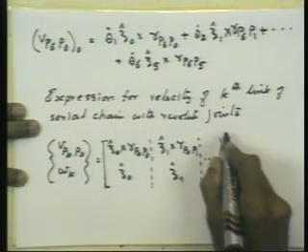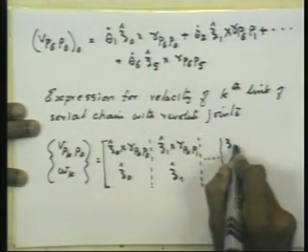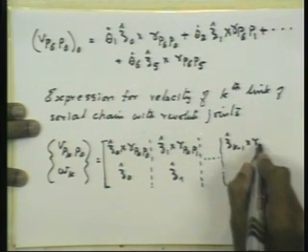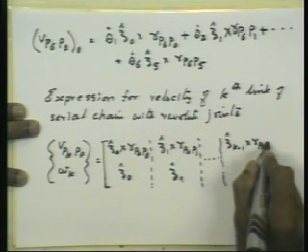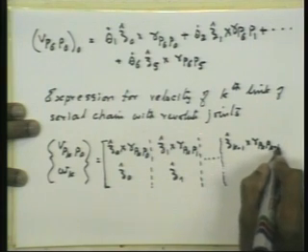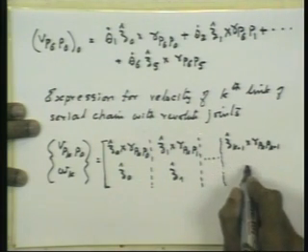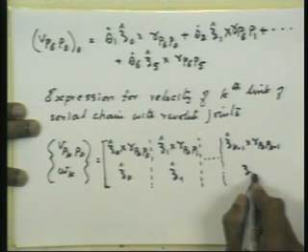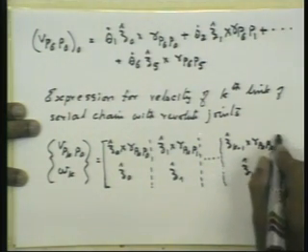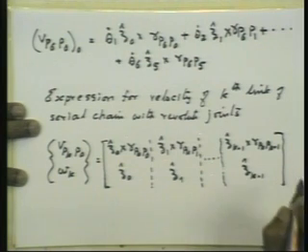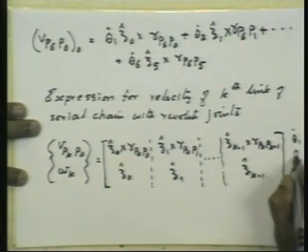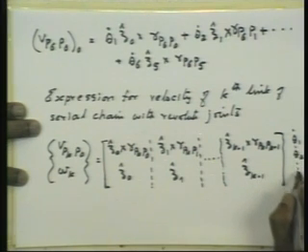And then the last. So this matrix multiplying theta 1 dot, theta 2 dot up to theta k dot.